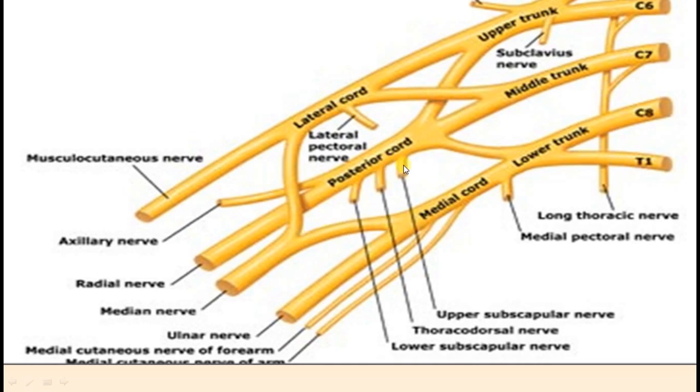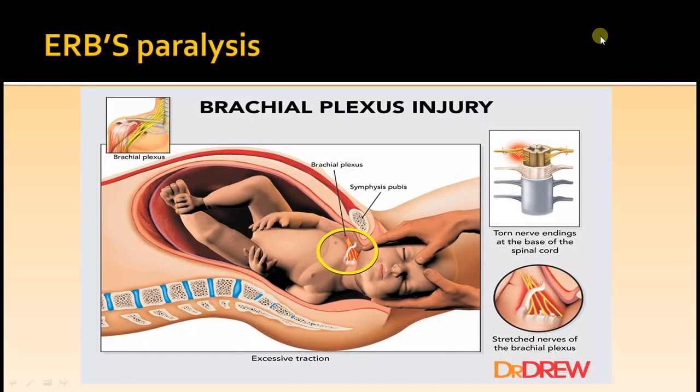Posterior cord, upper subscapular, thoracodorsal, lower subscapular, axillary nerve and the radial nerve. From the trunk stage, 2 branches: suprascapular and nerve to subclavius. From the root stage, only in this view you are able to see the long thoracic nerve or nerve to the serratus anterior. Now we are coming to the injury of the brachial plexus.